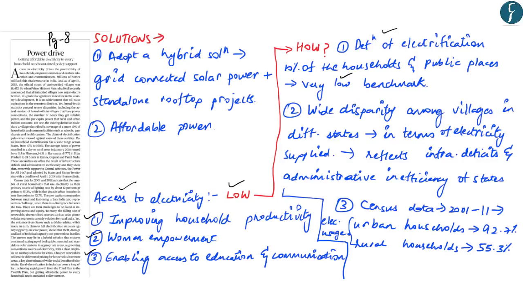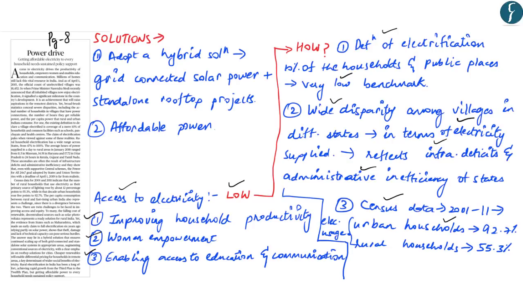Secondly, there is a wide disparity among villages in different states in terms of hours of electricity supplied. And this disparity reflects the infrastructure deficits and administrative inefficiency of the states, which leads to lower access to electricity. And thirdly, as per the census data between 2001 to 2011, electricity usage by urban households and rural households has a wide disparity, which shows low access to power.